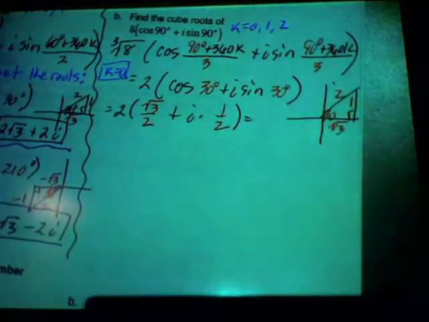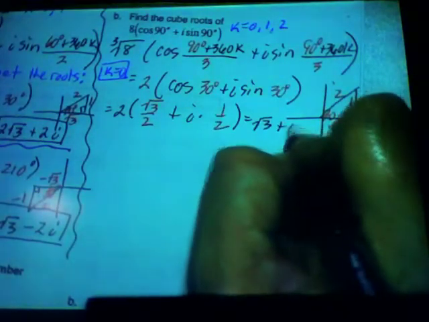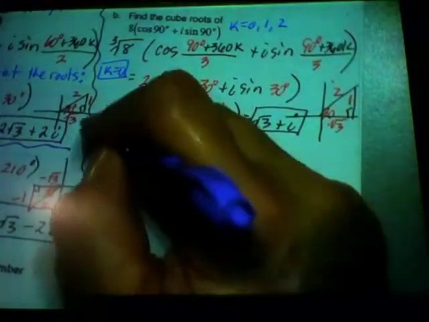So you get what? Multiply the 2 through. Yep, radical 3 plus i. So there's 1. 2 more times.